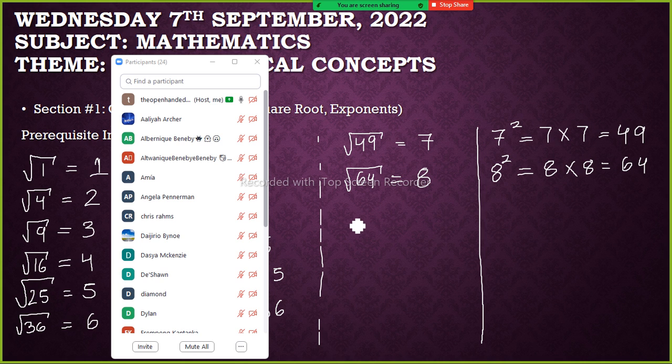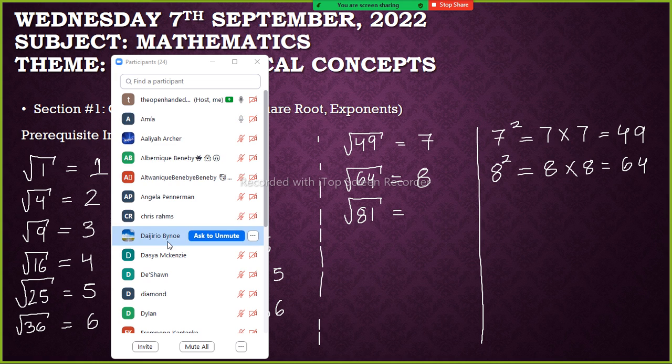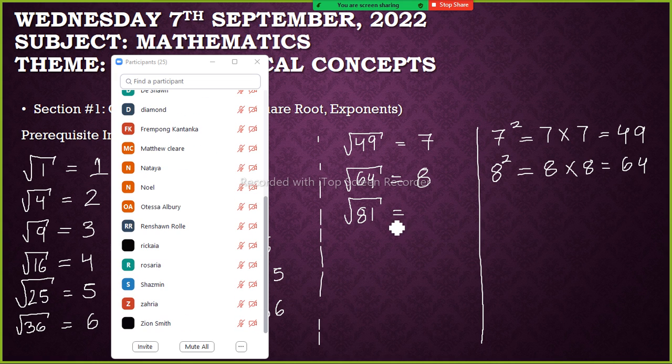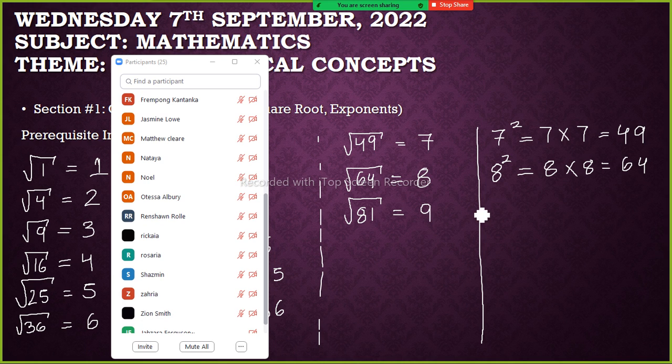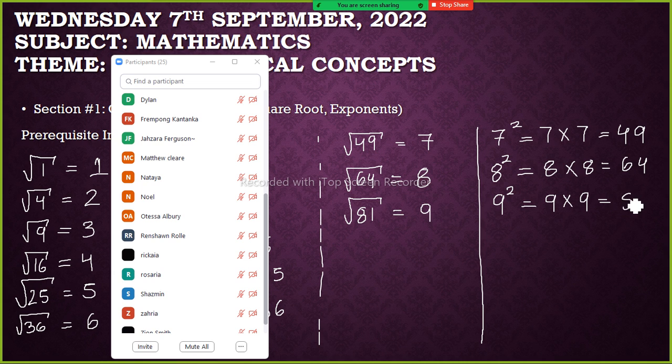And then we have the square root of 81, which is what? 9. Very good. And 9 squared equals 9 times 9, which is going to be 81.